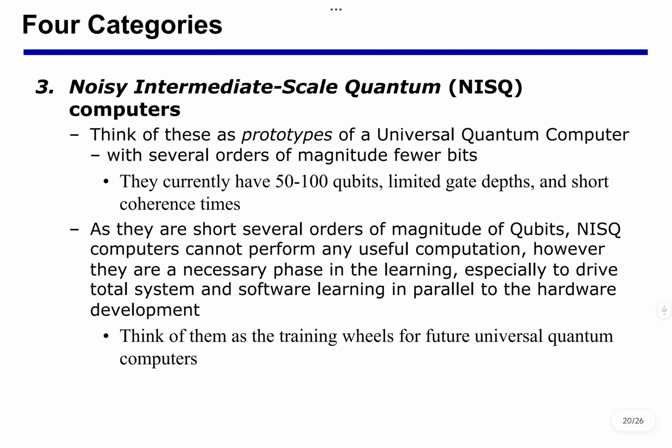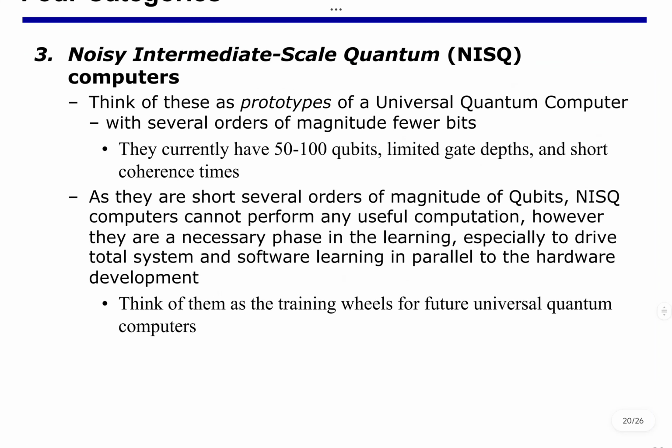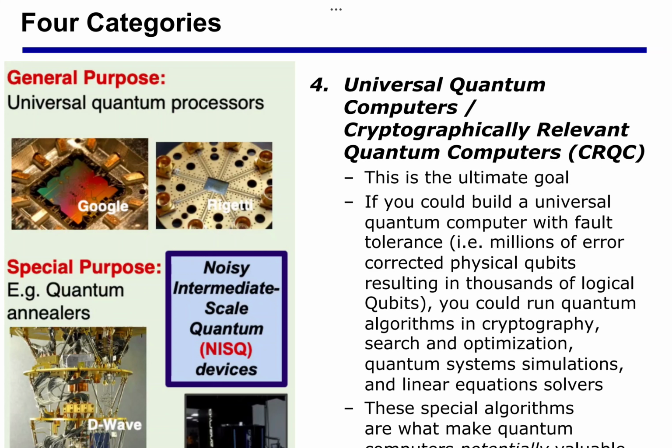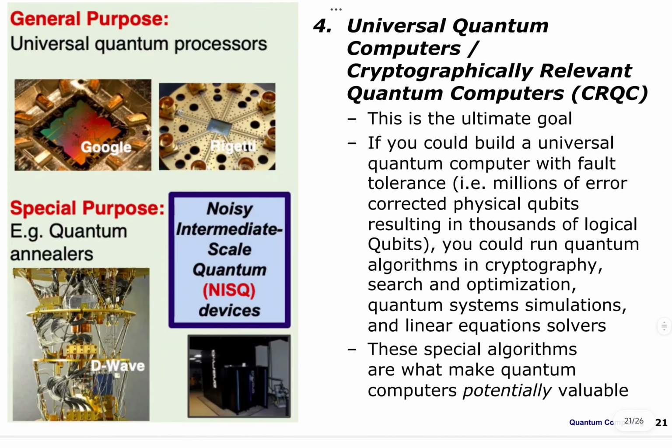These are just something I share with you, and maybe one day we can talk with each other to explore something. For now there are too many resources for me, so I just ignore them. Also, for categories: general purpose, universal computer, and special purpose means the annealers.